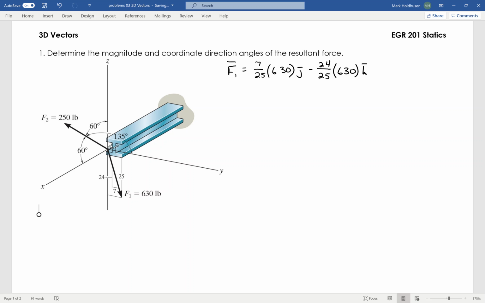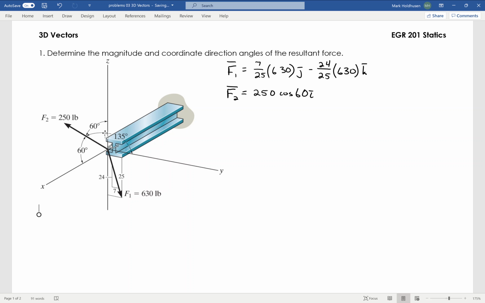Okay. F2, it's given those coordinate direction angles, so it's just 250 cosine of each one of those. Going from the x, it's this 60, so cosine 60i.